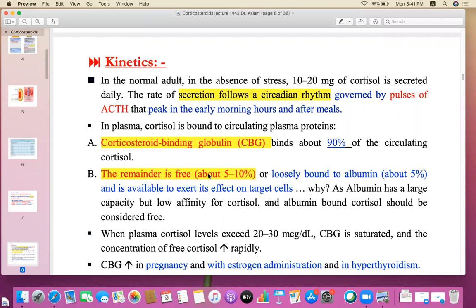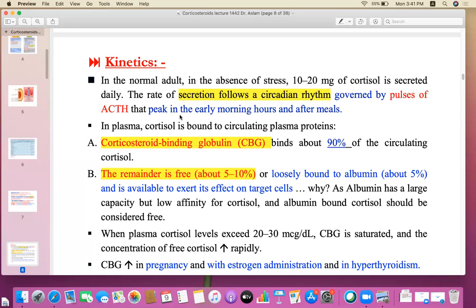The drug which is free, not bound to the plasma protein, is responsible for the pharmacological actions, but the drug bound to the plasma protein is pharmacologically inactive.